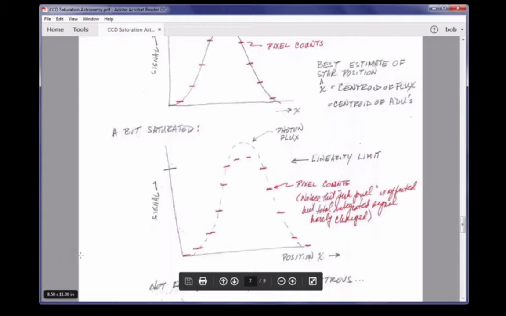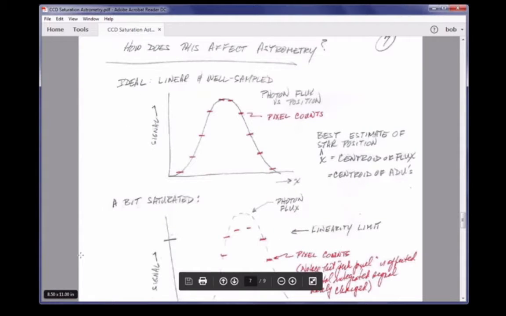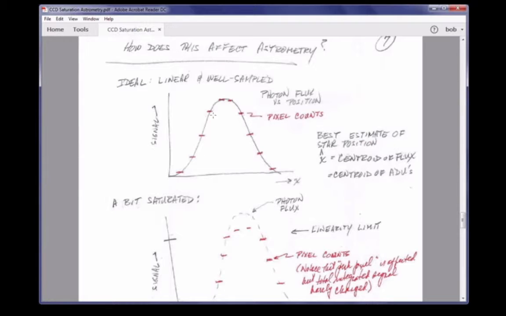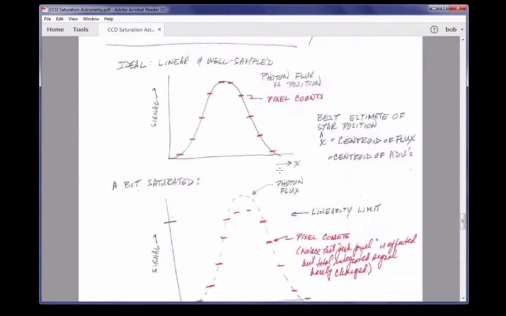Now, how does this affect astrometry? Remember, in the double star project, we've got this curve of photon flux versus position. We've sampled it, so we're seeing pixel by pixel data points. We're going to take the centroid of the red histogram and use that as the best estimate of the centroid of the photon flux.